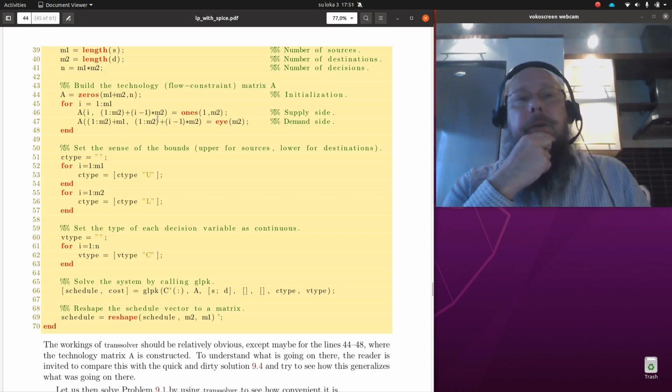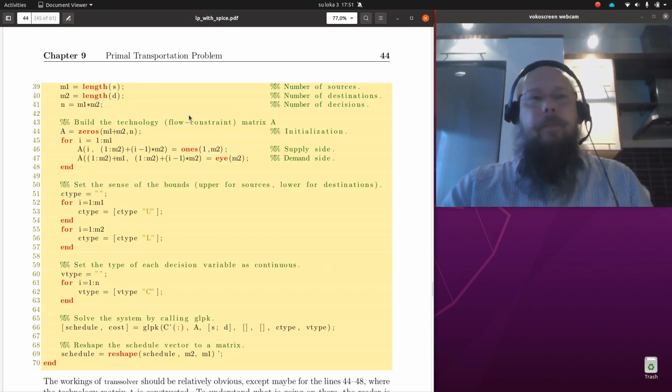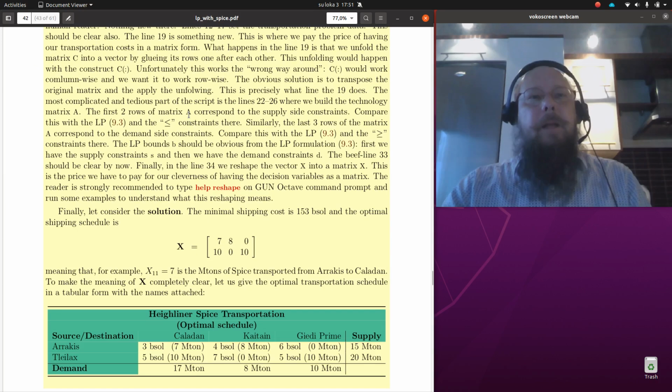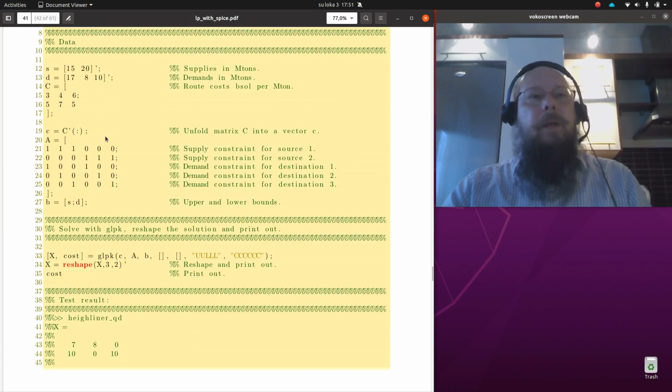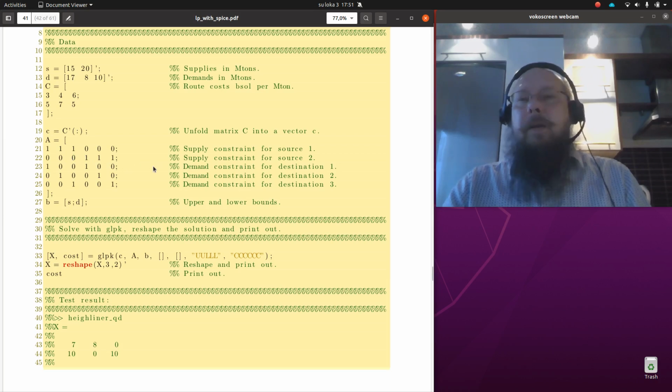So this is the supply side. This one's from 1 to M2. This means that, again, let's go back here, the quick and dirty. Here, this is filled in the first round of the for loop, and in the second round of the for loop, this is filled in. If there would be a third round in the for loop, there will be ones filled in here, and so on.